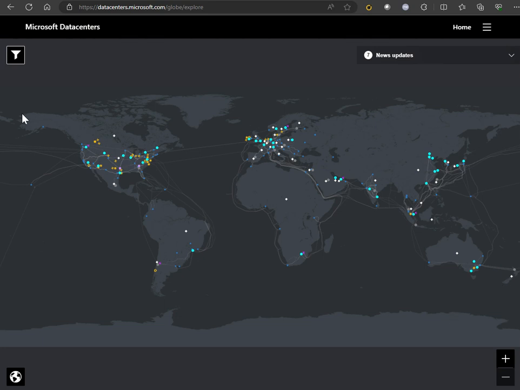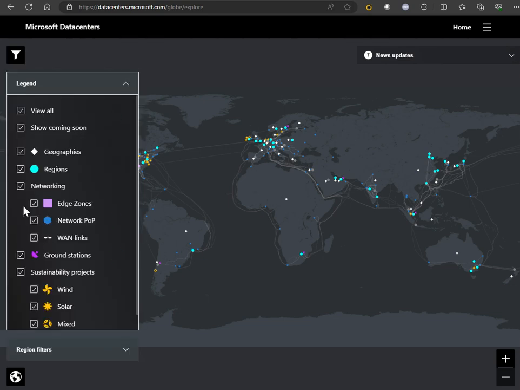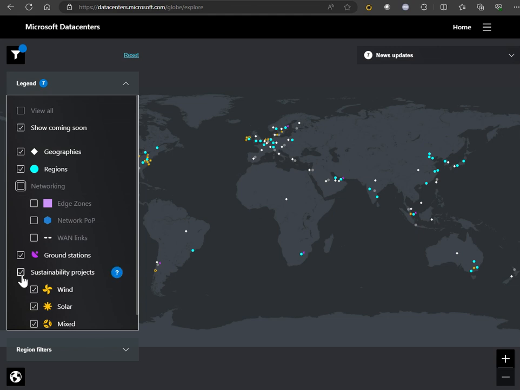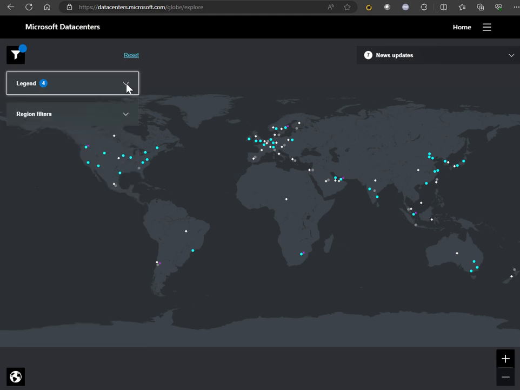In order to have a simple interpretation of this infrastructure, I'm going to remove some of the information from this region. I don't want networking and I don't want sustainability projects which Microsoft supports for the time being on the map. So that's enough. Let's start with this.